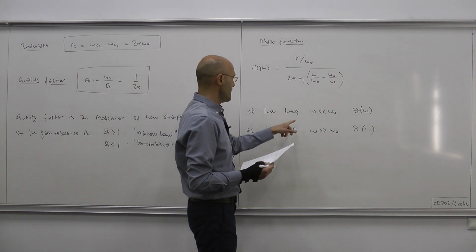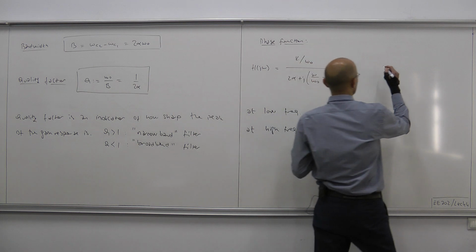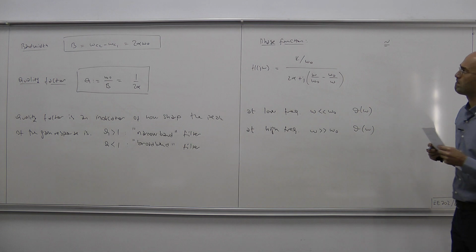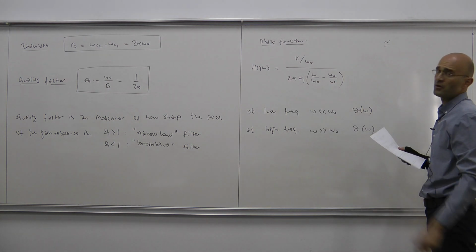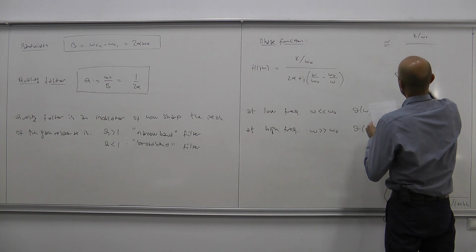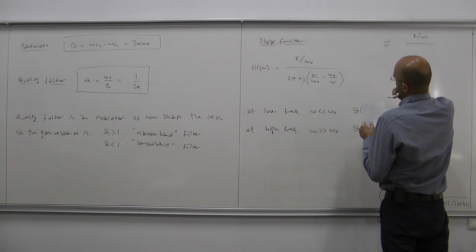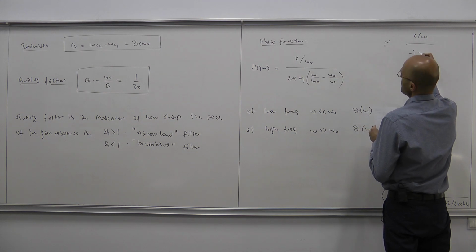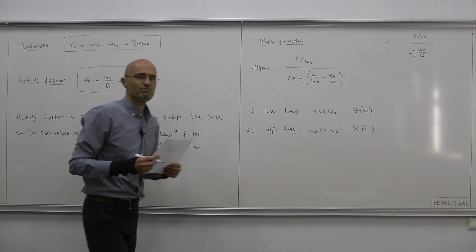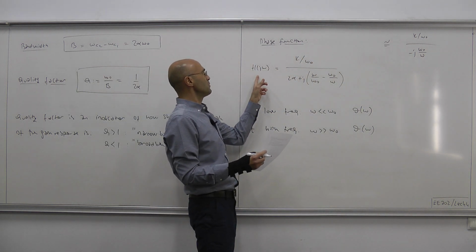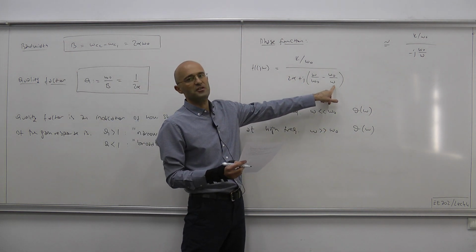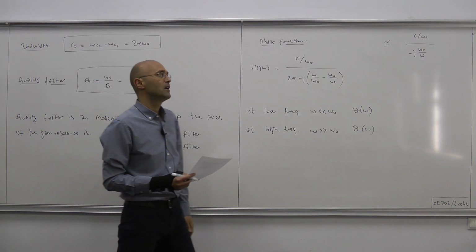So that means at low frequencies our H(omega), our transfer function, has the following form: approximately k over omega 0 divided by minus j omega 0 over omega. Okay. So that's approximately what H(omega) is at low frequencies, because at low frequencies this is the dominating term in the denominator.